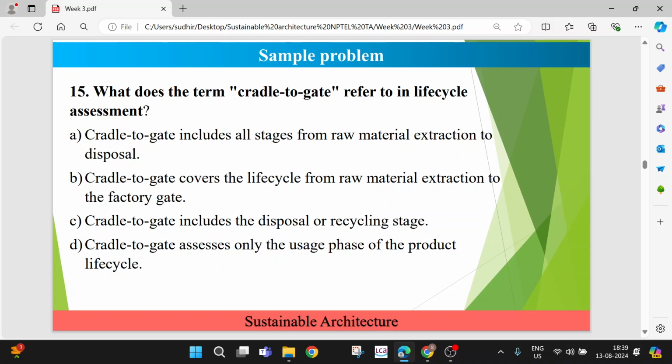Is it clear? Yes, sir. Okay. So which option were you saying out of these four? I was saying option D. Yeah. So when we are talking about cradle, it will be from the raw material.